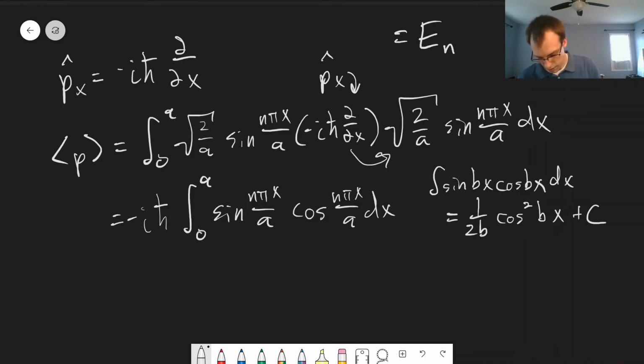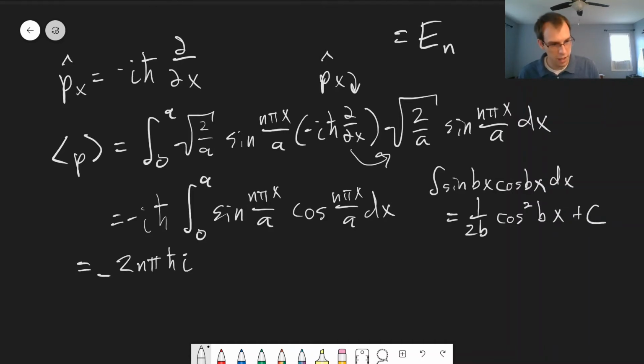So we can go ahead and plug in our specifics here. Our b is going to be equal to n pi over a. So we end up with negative 2 n pi h bar i, right?